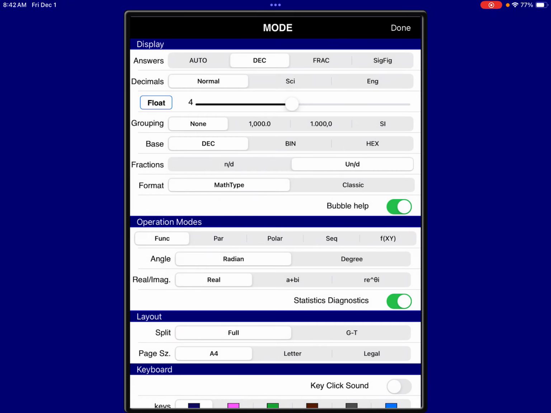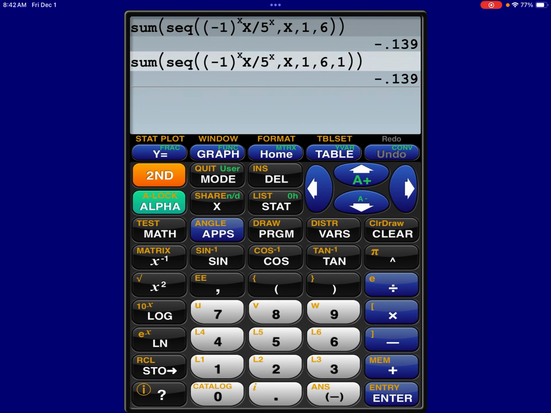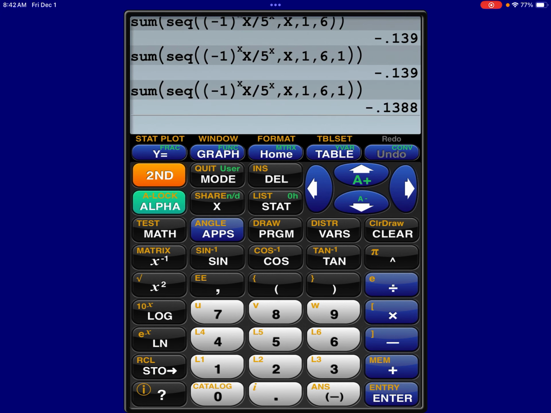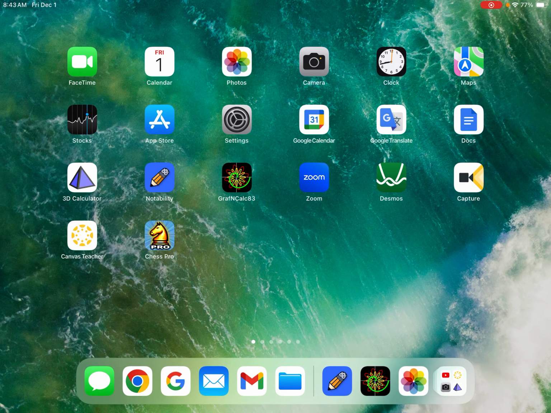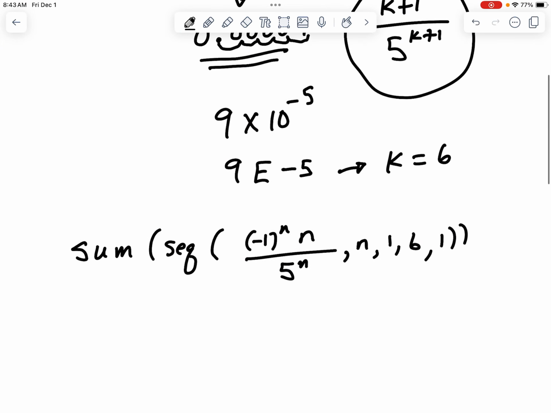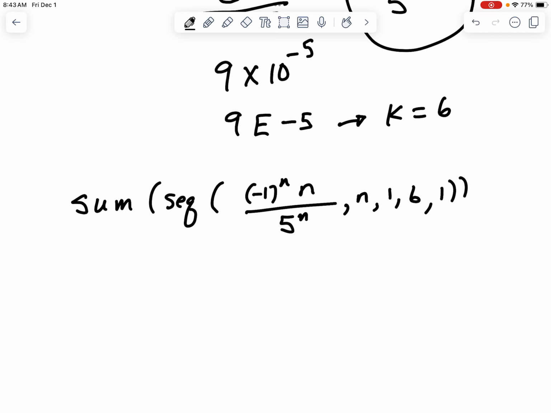There we go, 4 decimal places, and then just redo that so that we have 1388 with a negative and a decimal in front. So it's negative 0.1388.